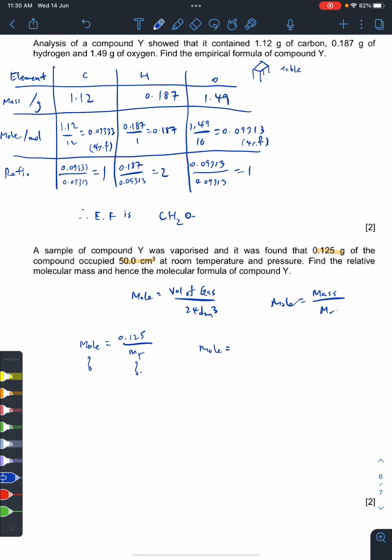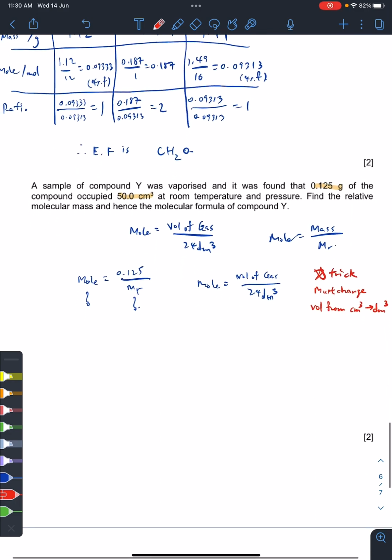Mole equals volume of gas. This one you know. So trick, trap: you must change the volume from cm cube to dm cube. It's a very common trap. How do you change that?